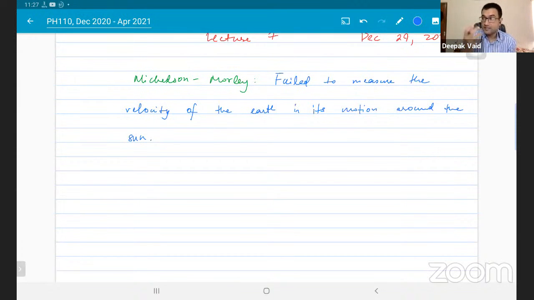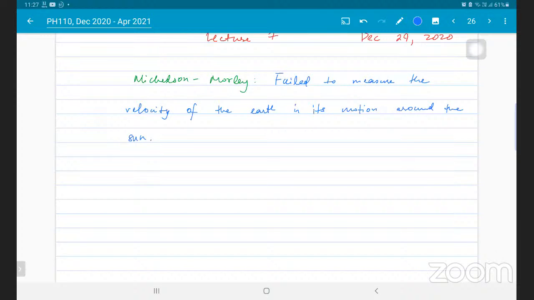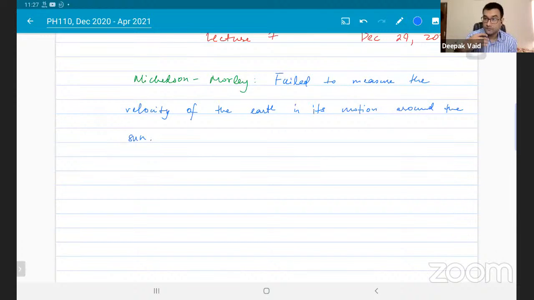Because basically it says that if you are in your own frame of reference, you cannot measure your own velocity with respect to some other frame of reference, right? You can measure the velocity of some other observer moving in some other frame of reference relative to you, right? But there is no way in which you have an absolute velocity of your own which you can measure, right?